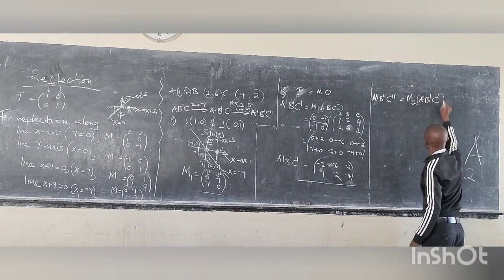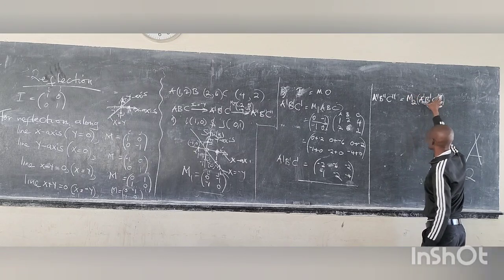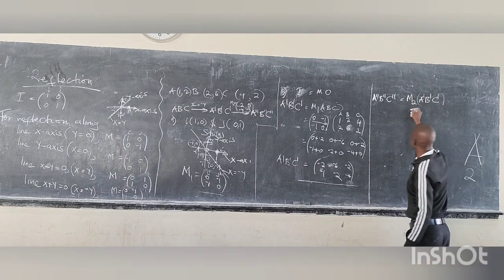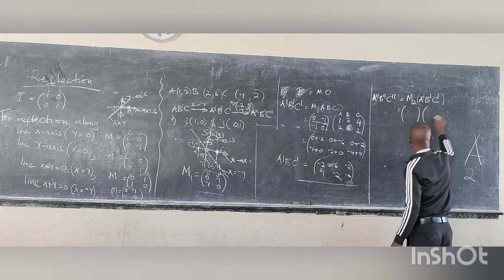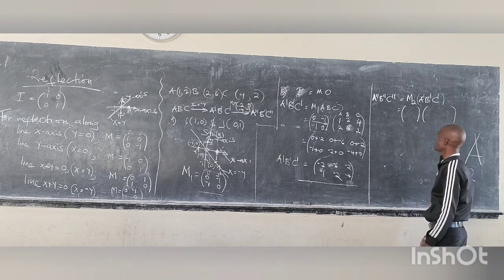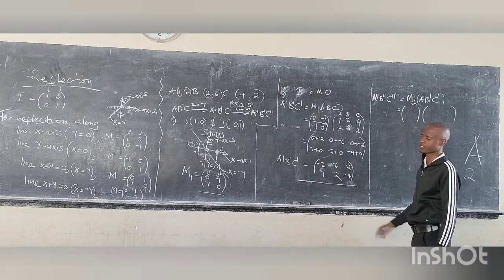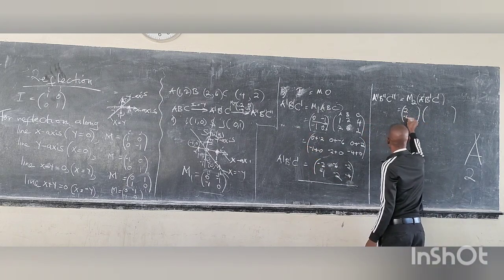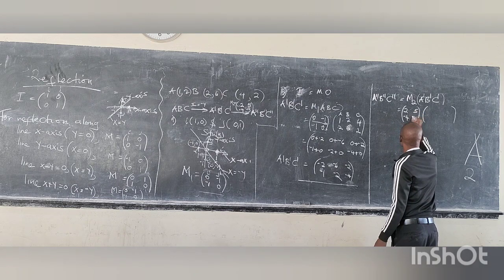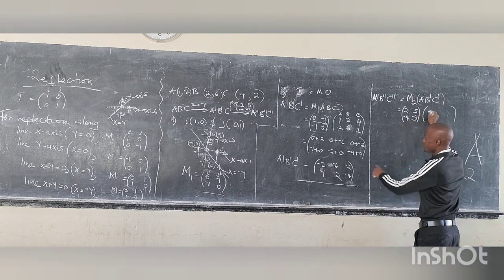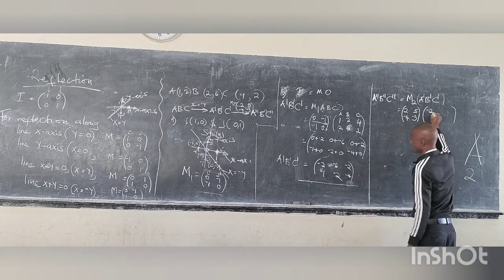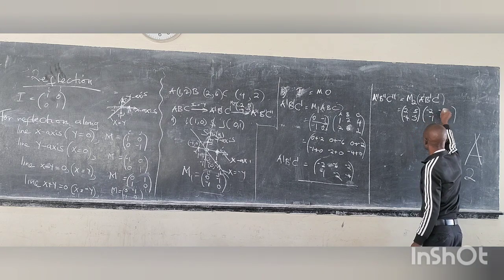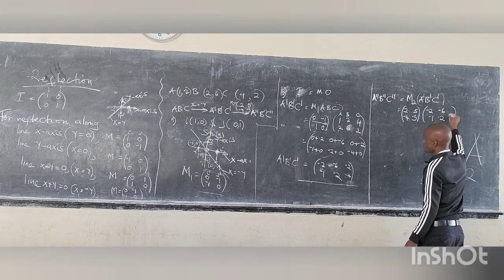You remember to put brackets because you're multiplying. Now, I make a plan. After making a plan, I copy and paste. My M2 is 2, negative 4. Now, this is negative 2, negative 1, negative 6, negative 2, negative 2, negative 4.